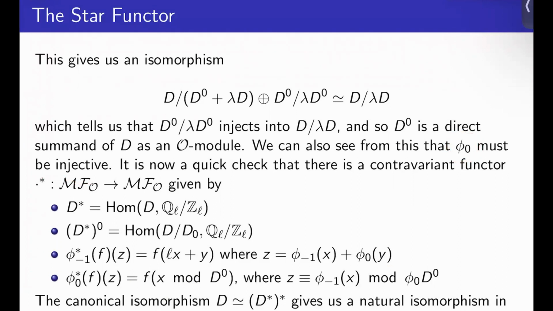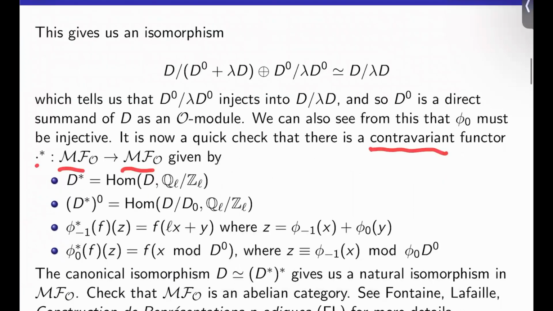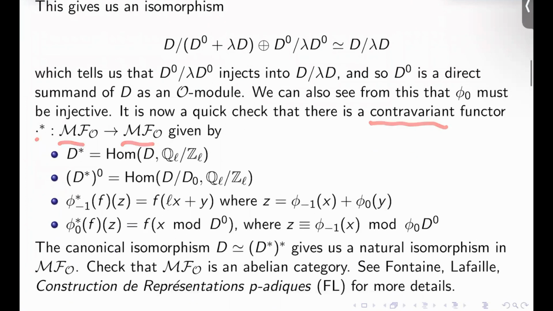And then it's a quick check using this information and a little bit of elbow grease that there's a contravariant functor star from MF_O to MF_O given by the following. D star is Hom(D, Q_L mod Z_L). So we have a duality thing going on here. D star 0, the distinguished submodule, is Hom(D mod D0, Q_L mod Z_L). Phi star_{-1} of f of z is f of Lx plus y, where z is phi_{-1}x plus phi_0y.